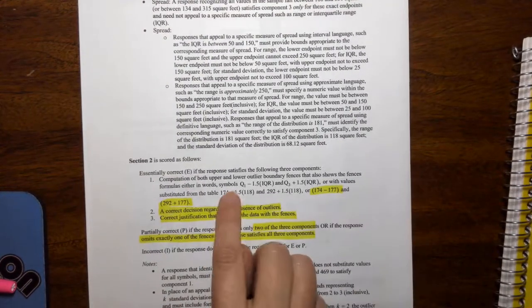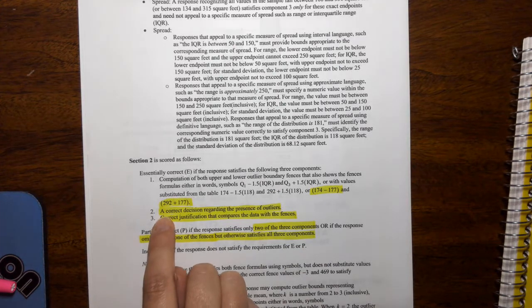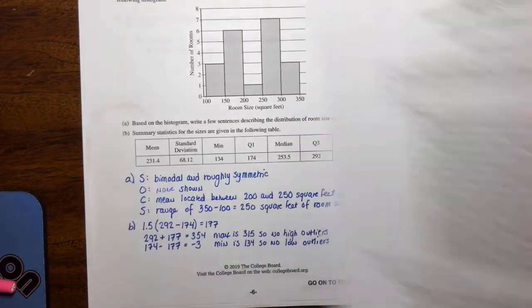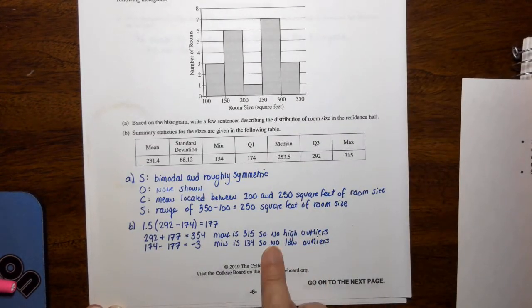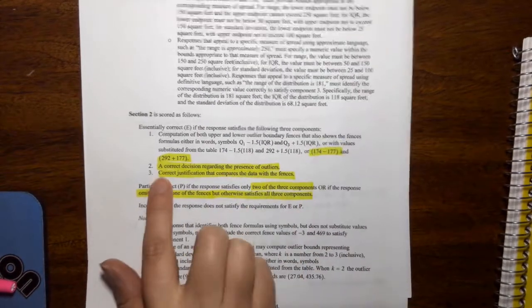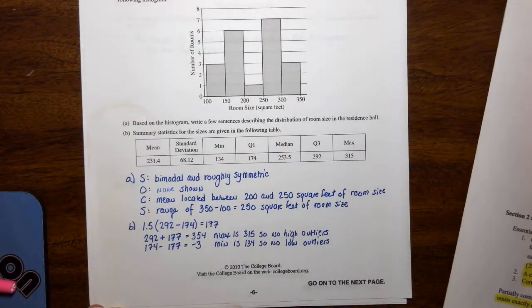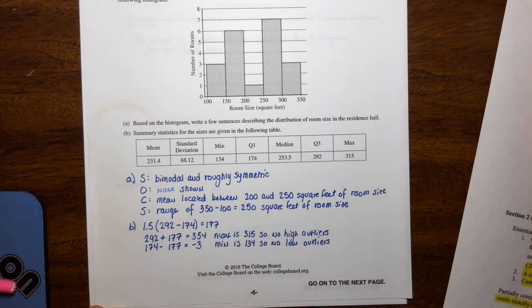This is the 1.5 times IQR rule. You have a correct decision regarding the presence of outliers, so I have no high outliers, no low outliers, and then a correct justification that compares the data with the fences. So I said the max is 315, so no high outliers, min is 134, so no low outliers.